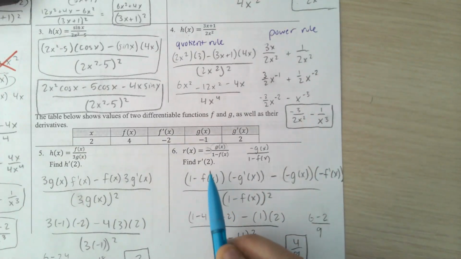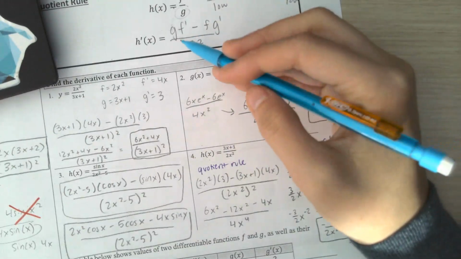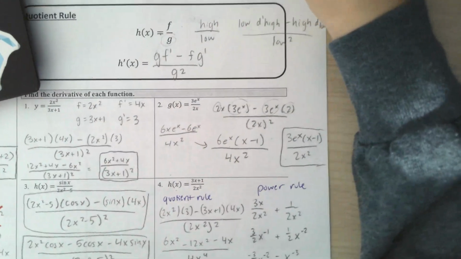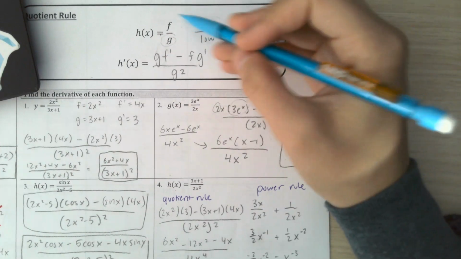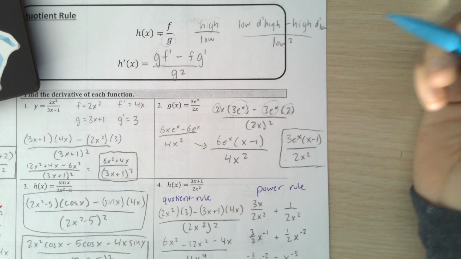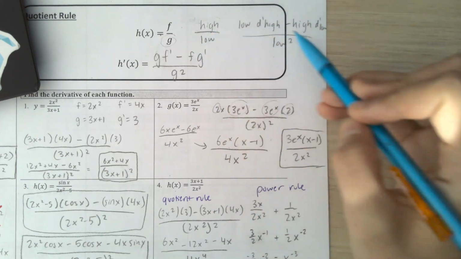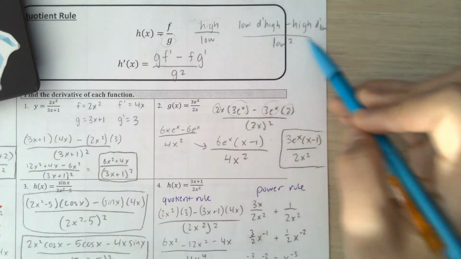So even though this uses f and g here, the bottom part is 1 minus f of x, not g, right? So this is just generic. They're trying to make variables for it, but it's easier just to separate it into high and low, I think. And we do low times the derivative of high minus high times the derivative of low all over low squared.